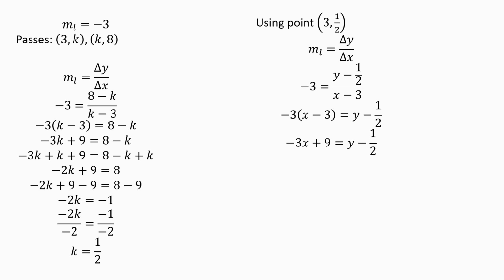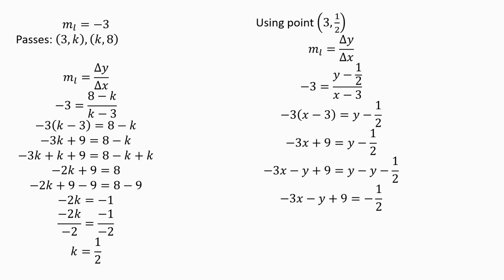So it means we have to move y to the left hand side. So we are going to subtract y on both sides of the equation. So we have -3x - y + 9 = y - y - 1/2, and that gives us -3x - y + 9 = -1/2.